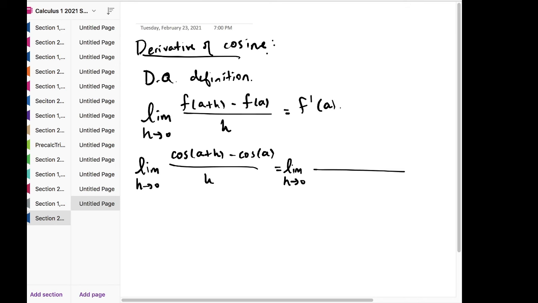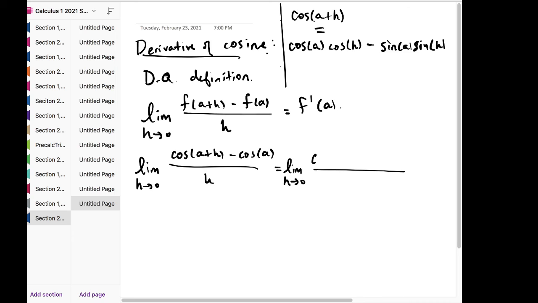Okay, I remember the sum formula for cosine? Okay, that's okay. It's cosine of a, cosine of h, minus sine of a, sine of h.